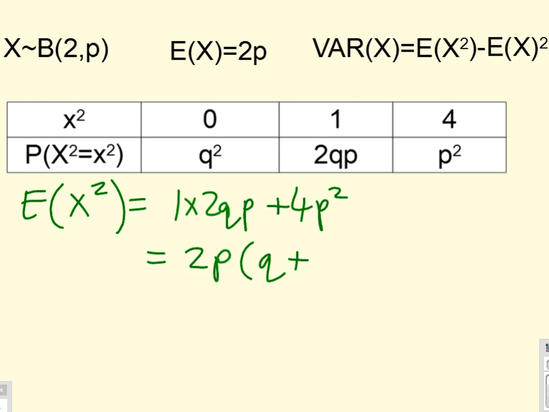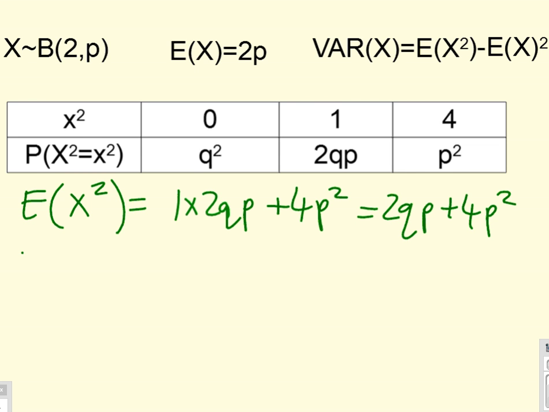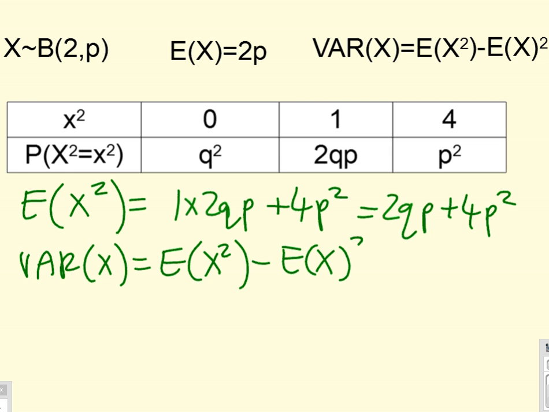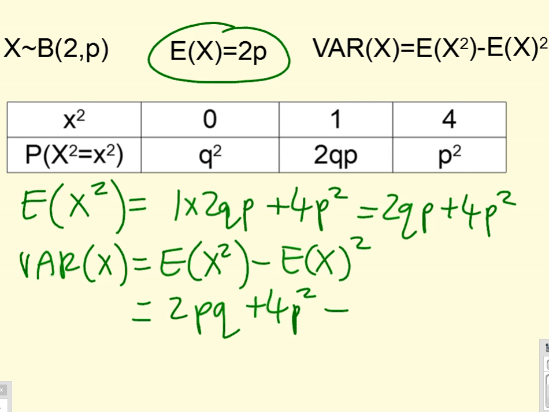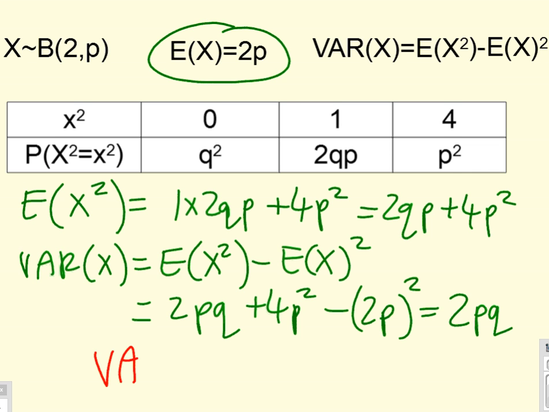No, we can do this a bit quicker. Which is 2qp plus 4p squared. But we know the variance of x is the expected value of x squared minus the expected value of x, squared, which is 2pq plus 4p squared minus this squared. Do the math, you'll get 2pq. So the variance of x is 2pq.